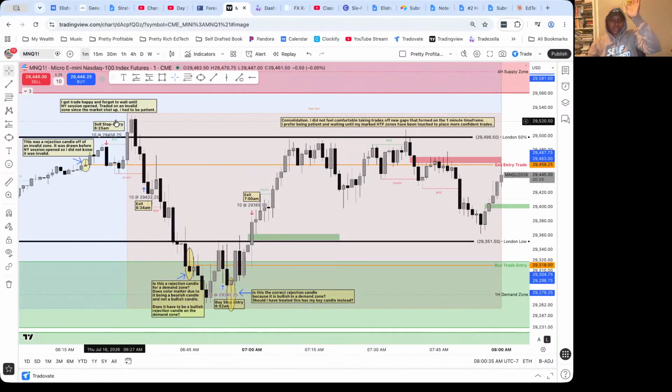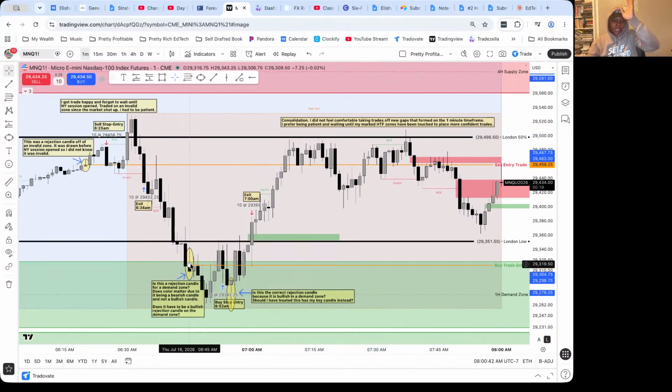Meaning we are currently in a downtrend. So these are bearish. I see a rejection candle, but it's not bullish, it's bearish. Do I still treat this as a rejection candle? Does the color of the candle matter?